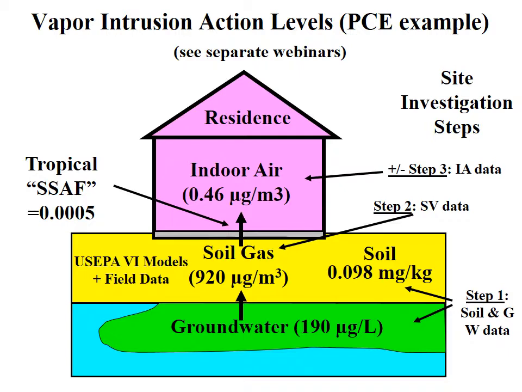This isn't just strictly the action levels, it's also that the models we use have been calibrated to field data. So we're very confident, especially of our groundwater screening levels, that if the concentration of PCE in groundwater is less than 190 micrograms per liter, you're unlikely to see PCE in soil vapors, I think within 10 feet of the groundwater, greater than 920 micrograms per cubic meter.